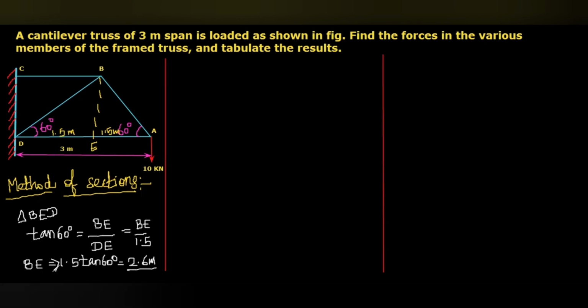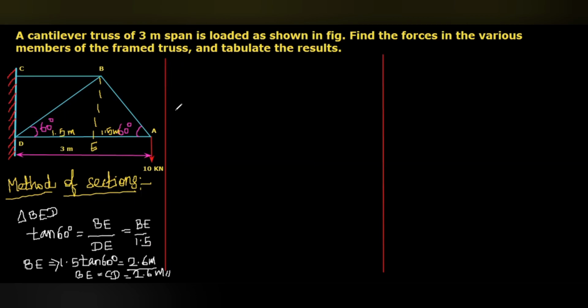Here we know that BE and this distance CD are the same distance. That vertical value BE equals CD, that equals 2.6 meters.